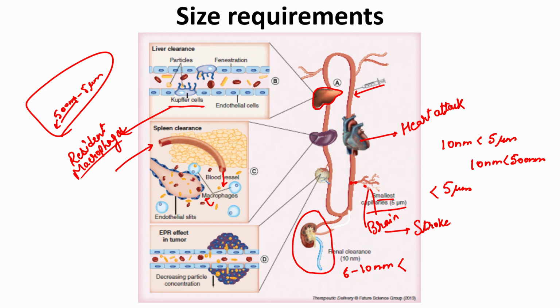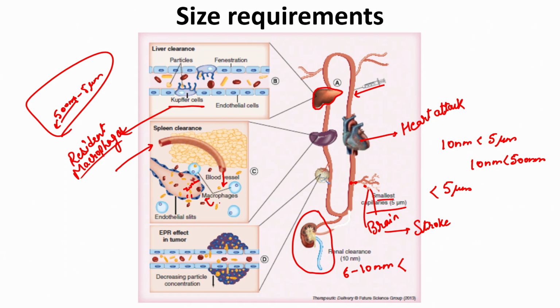These blood vessels comprise endothelial cells and smooth muscle cells, so they create a pore size of about 200 nanometer in a healthy person. So, if you have anything greater than 200 nanometer, it will be very difficult for it to go through.